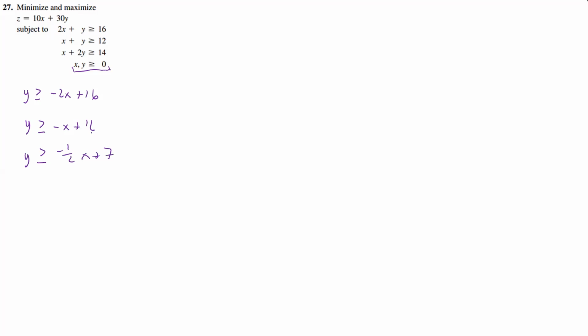Okay. All right. So let's draw the whole thing because sometimes it's going to be easier to see some of these. So at the 16, let's call that 16. So that's going to be 8, and that's 16.